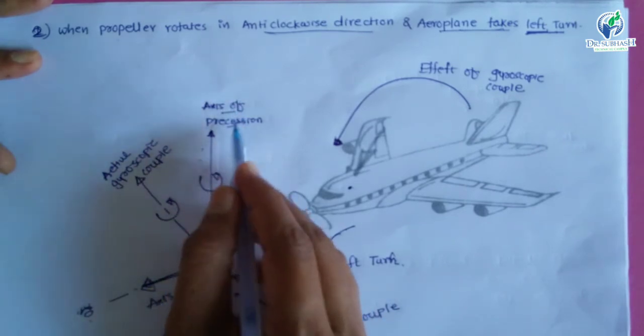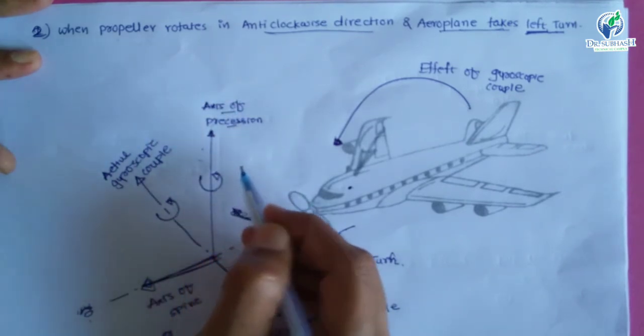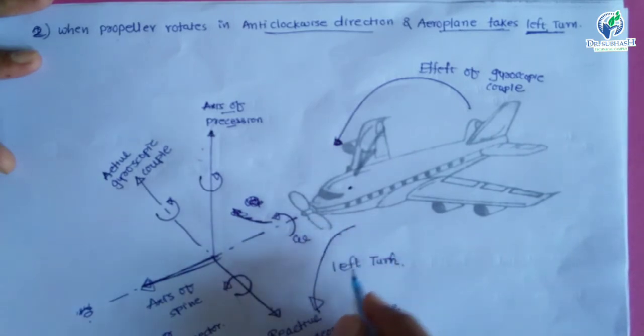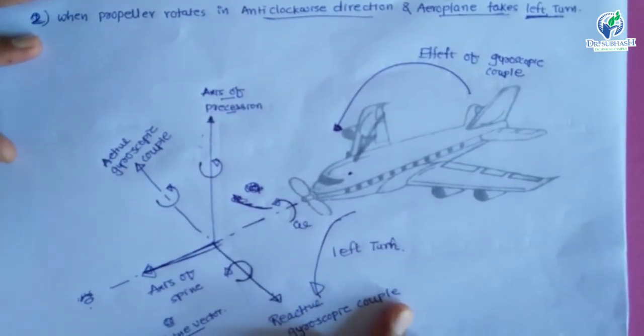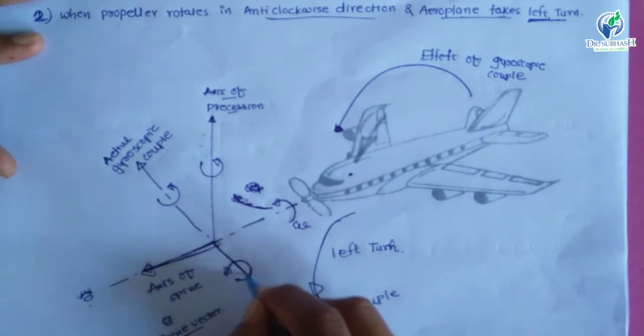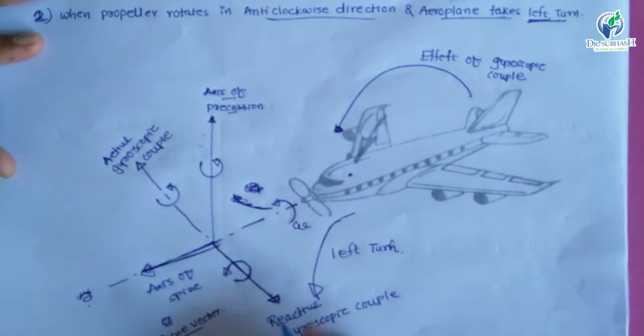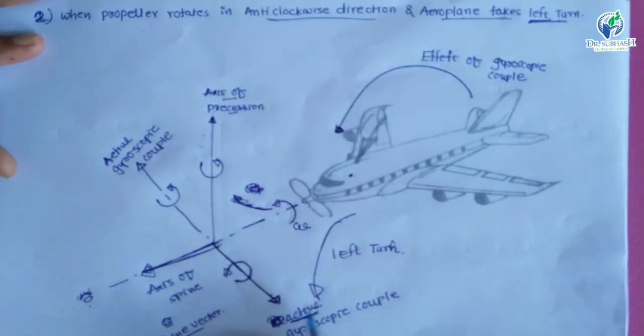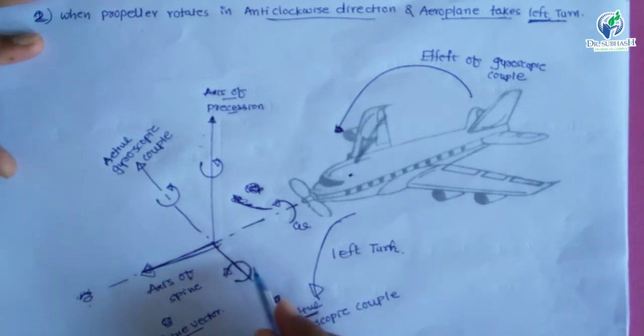So this is the axis of precession. Our aeroplane is taking a left turn, that's why this is the vector that represents not the reactive but the active gyroscopic couple. So this vector represents the active gyroscopic couple.